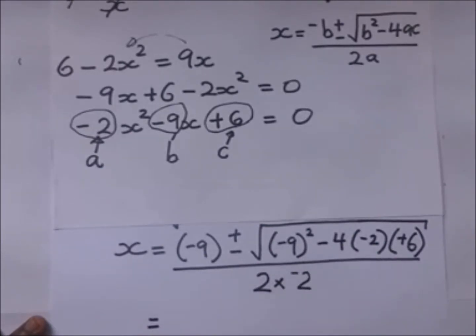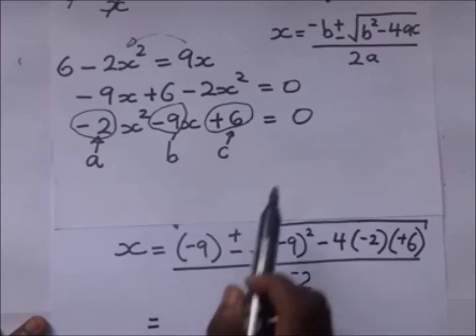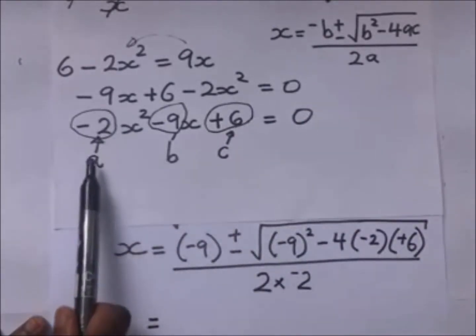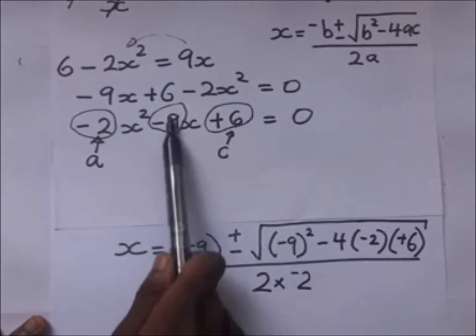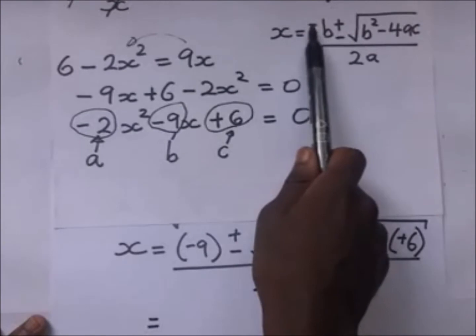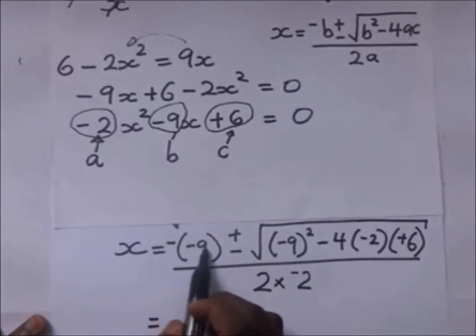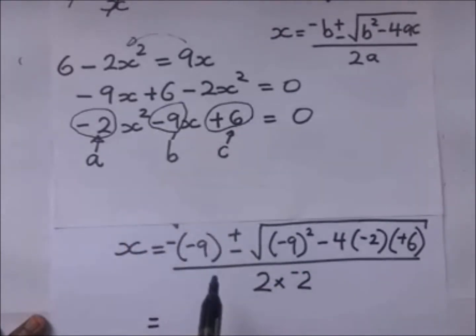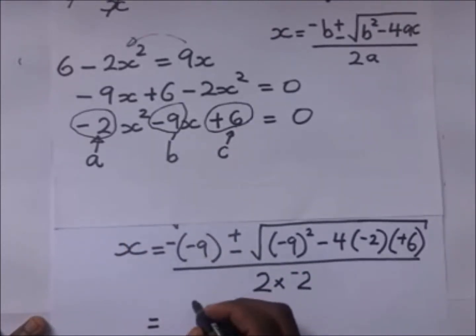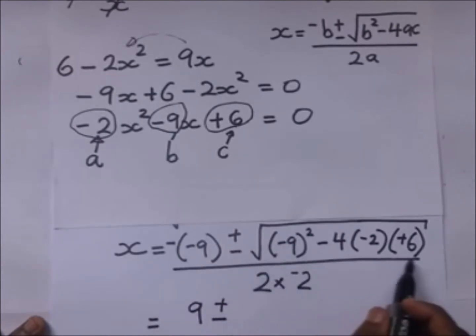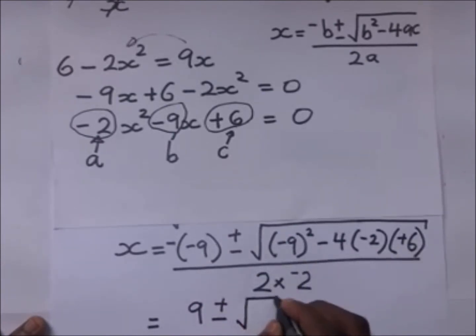And the rest is just arithmetic. So our value of b is negative 9, so negative b is negative times negative 9, which is positive. That's going to become 9 plus or minus everything that is inside there.